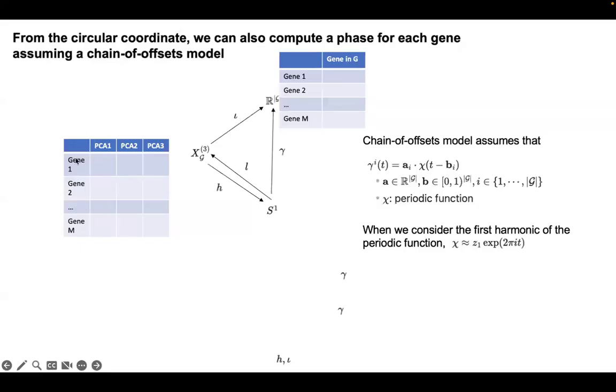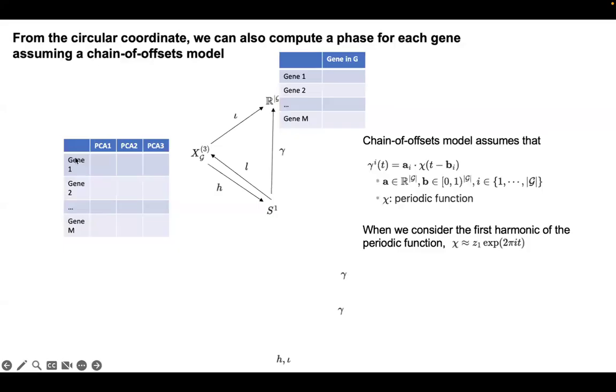So it should be cell, and we have a circular coordinate from complex procedures. I will call H the circular coordinate. With this circular coordinate, we might find some loop in the space we are interested in.